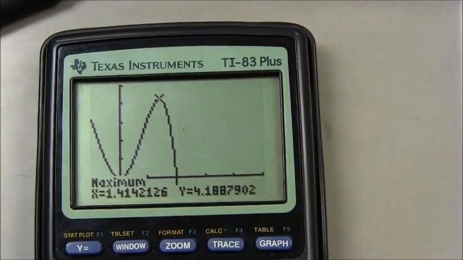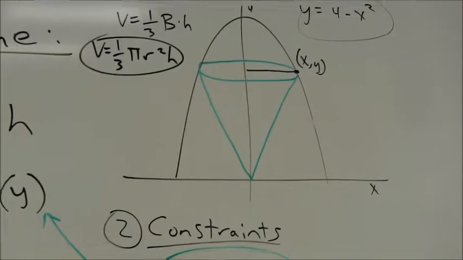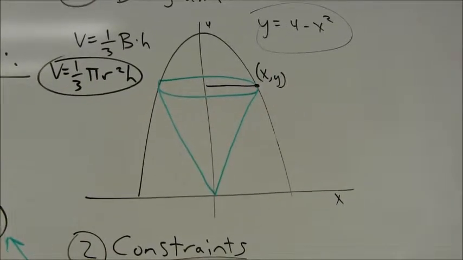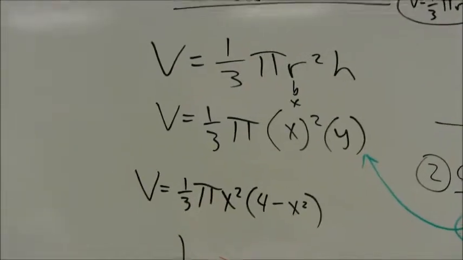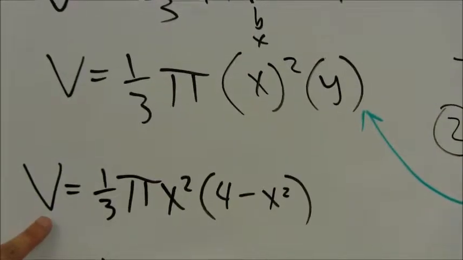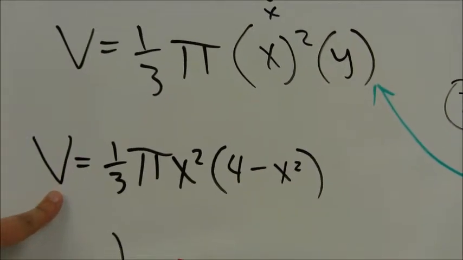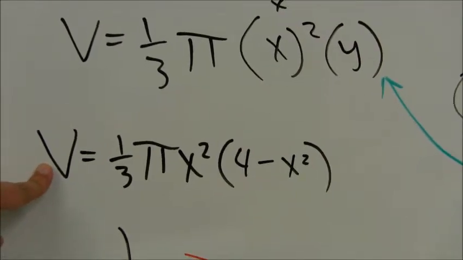If you remember from my original diagram, which you can see right here, the x value is the radius. And remember that we're actually maximizing this volume function here, this function right here. And so actually the output value, the y value of that is actually going to be the volume.